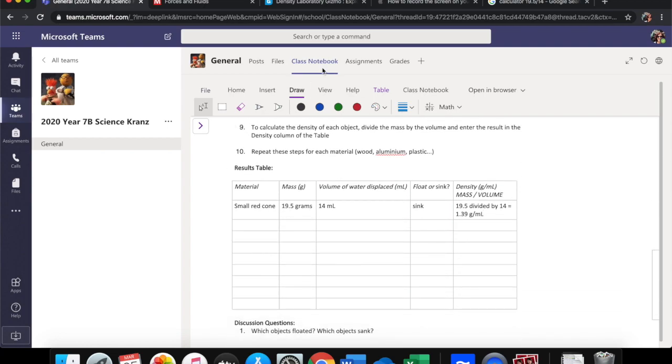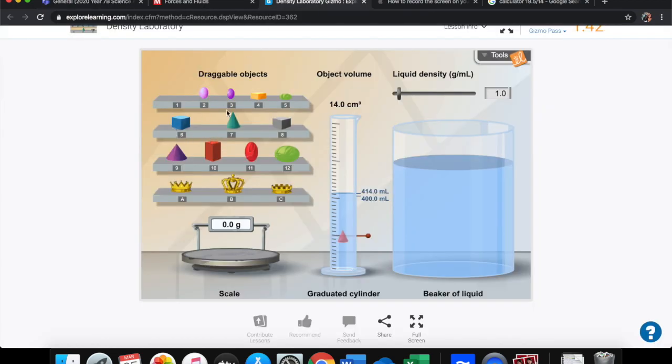And you're going to do that for each of these objects, okay? So let me get my cone out here. Oh, and here you can play around with it and see what density it would have to be for that thing to float. I'm not expecting you to do that, by the way. Let's put you back on the shelf. And now we've got this one.